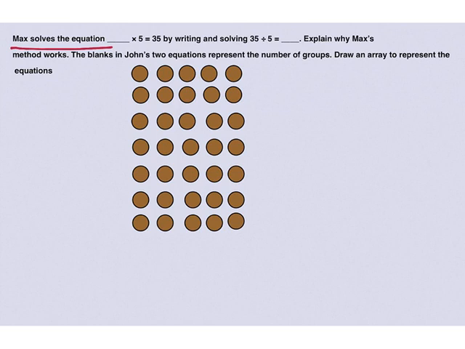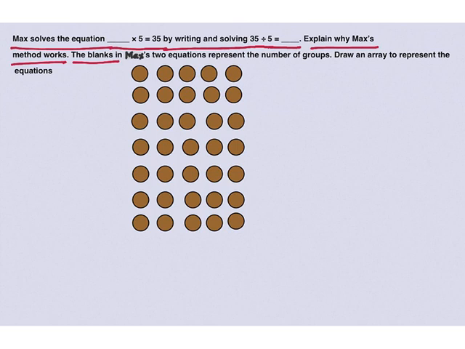Okay, the question here is, Max solves the equation dash times 5 equals 35 by writing and solving 35 divided by 5 equals what, or unknown. Explain why Max's method works.